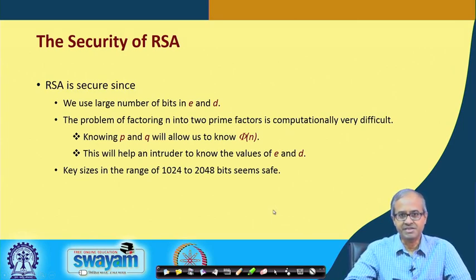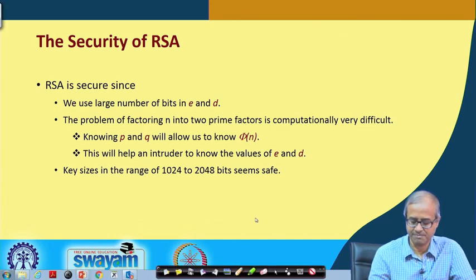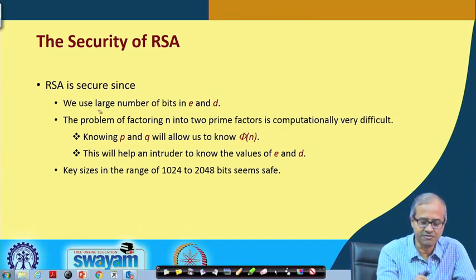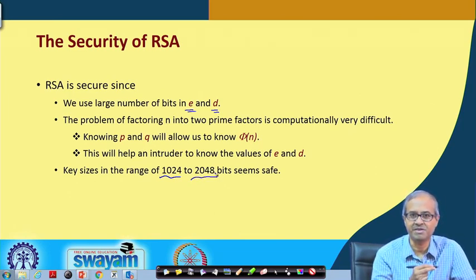Now, I just now mentioned that RSA is secure. People use RSA because we use a very large number of bits in E and D. They are of the order of 1024 to 2048, even more bits.